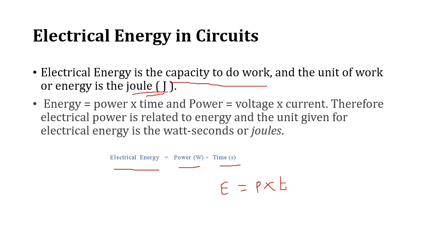The unit of the electrical energy is joule. The unit of the power is watt. The unit of the time is second. So the SI unit of the electrical energy is joule.